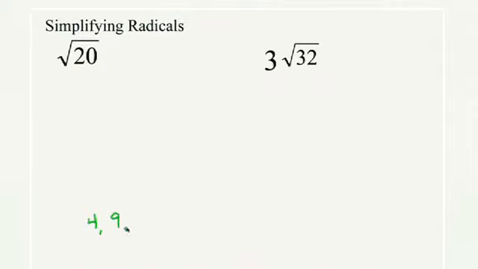We've got 4, 9, 16, 25, 36, 49, 64, 81, and 100. And for the sake of this course, that's probably about the limit of what you need to know. Right, yeah, you're not going to see any number larger than 100, I don't think, in these problems.